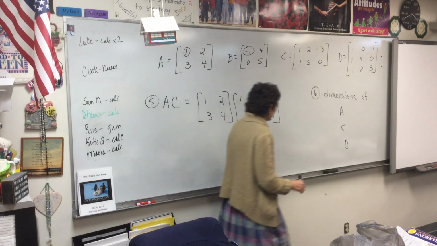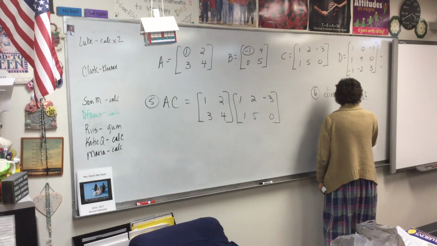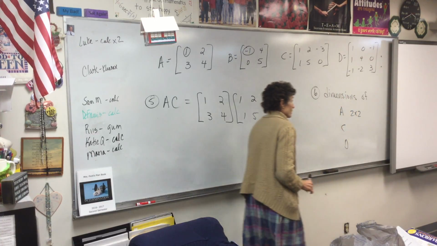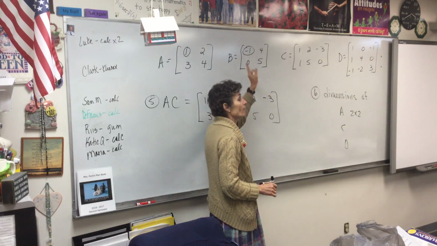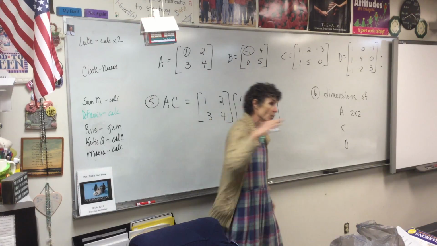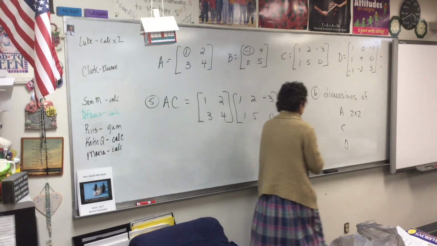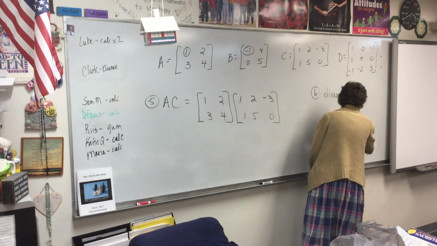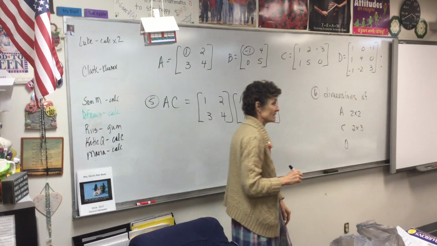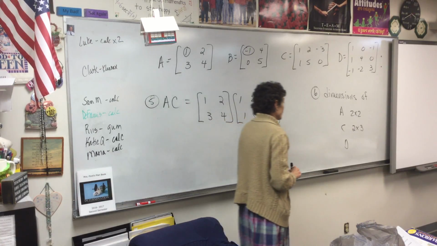So A is a 2 by 2. C, rows by columns. Remember, rows of the bleacher, columns of the White House. So it's 2 by 3. And what are the dimensions of D? 3 by 3.